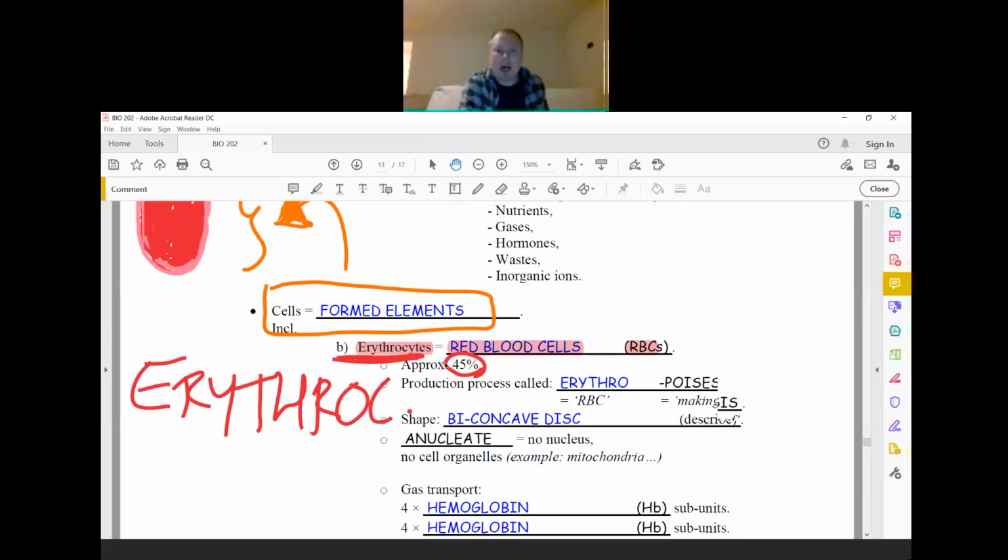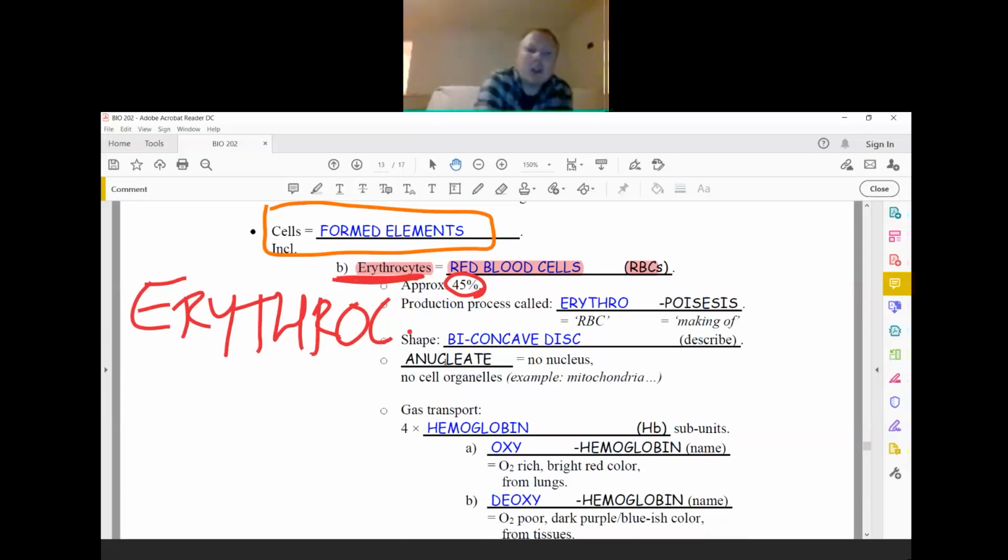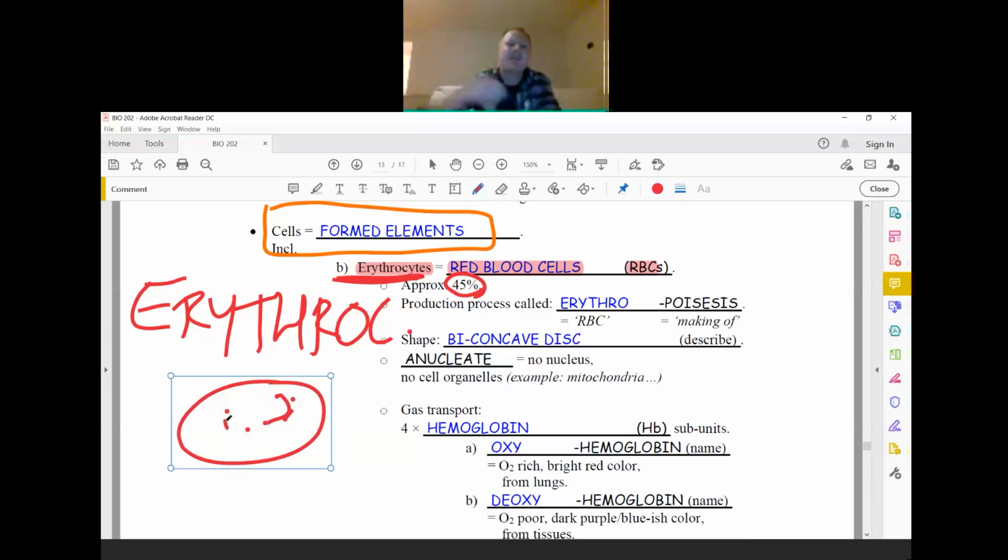So let's have a look at what red blood cells look like. Well, red blood cells look like these flattened discs that have a depression in the middle. So they're often described as being biconcave discs. They look like donuts that don't have the hole fully punctured through, or like balloons that someone has squashed from the middle, so it's round but not fully pinched through.